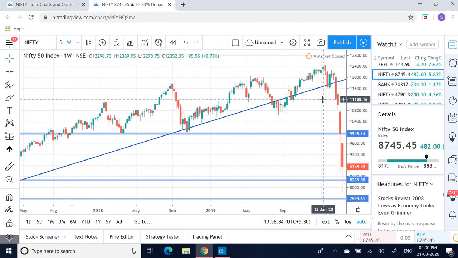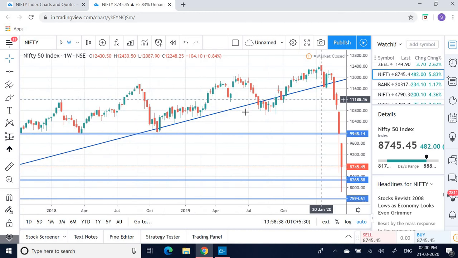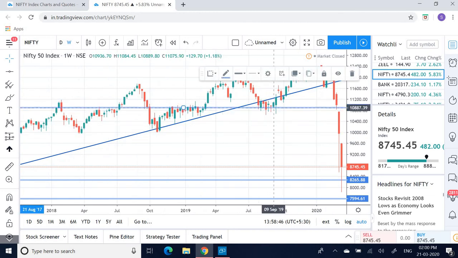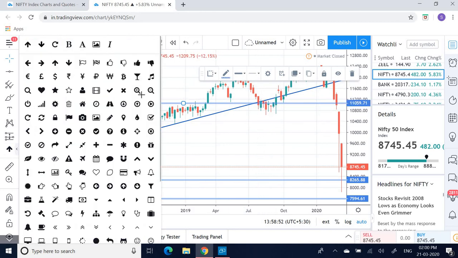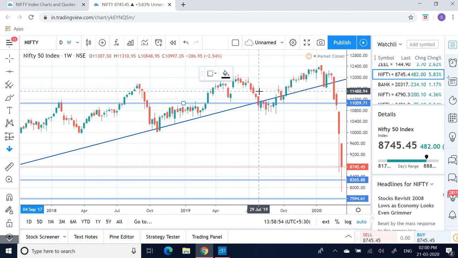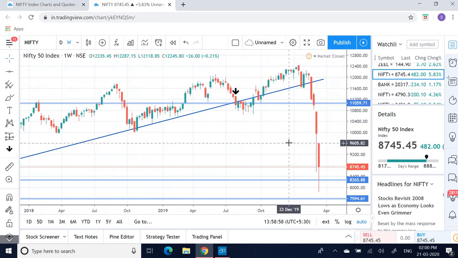Okay, let us just zoom out and see if we haven't missed anything. Here again, slow, and yes, you are out of market. You are out of market at this point. Here you are out of market. You are out of market at 11,100.